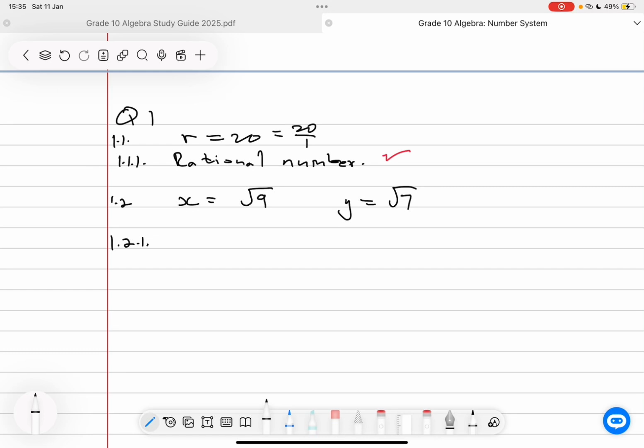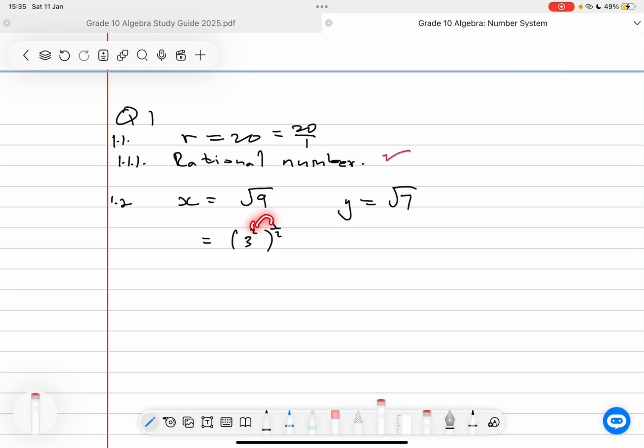If you look at x, maybe let me remove this numbering a little bit. If you look at x, you can see that it can be written as 3 to the power 2, so that the root sign, we know from grade 9, we can write it as an exponent of 1 over 2.